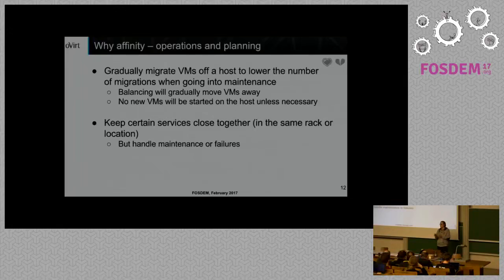If you have all the databases for customers in the same rack, you know that you need to have double the power to that rack. It's all management. It's not performance. Performance is one of the reasons, but you might have different reasons for that. Just logical, just so you remember where stuff is. That's another way to use Affinity.